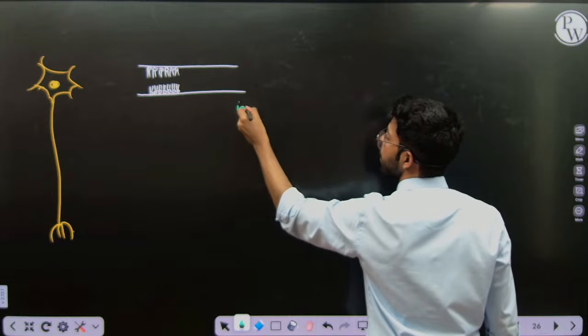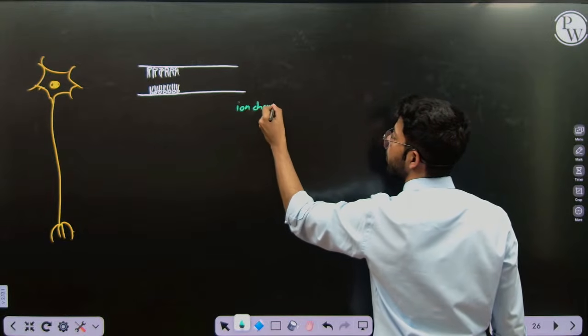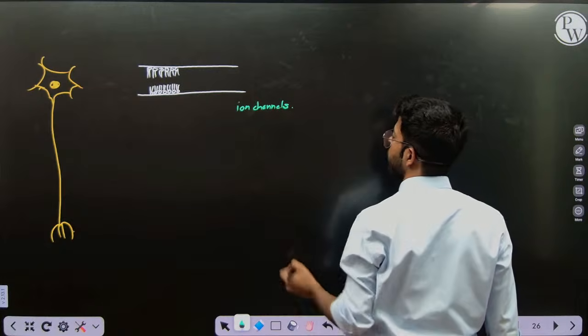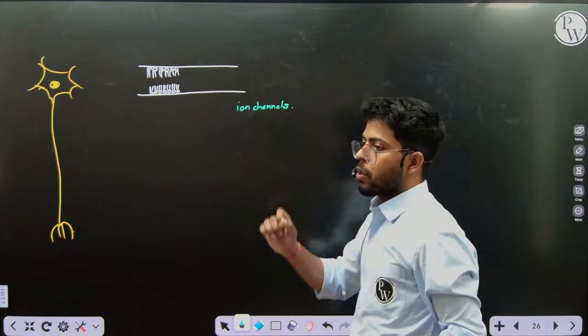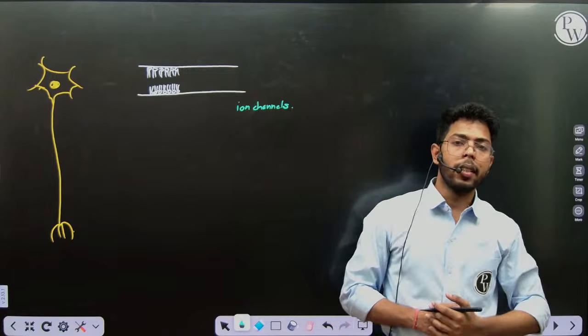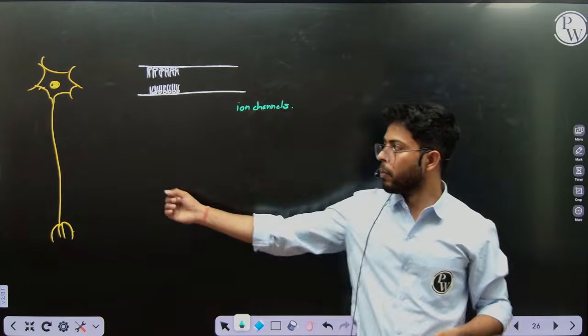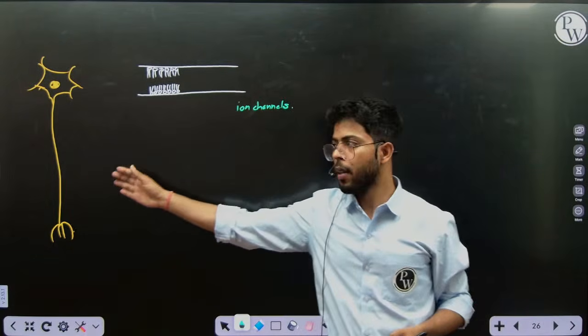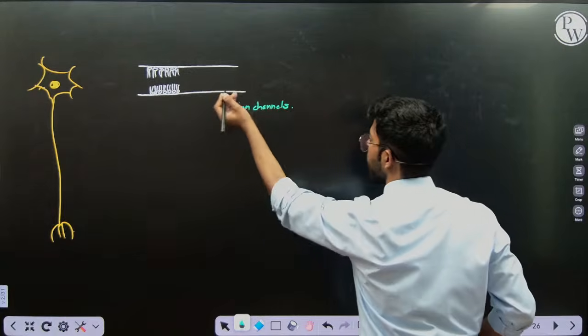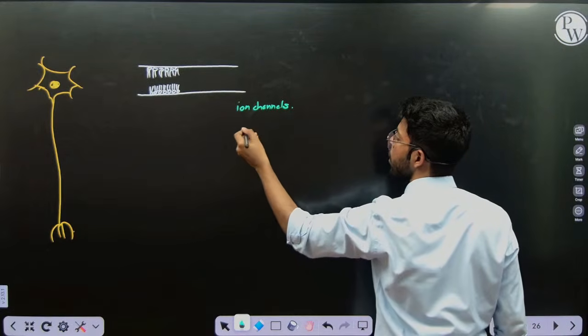We use the term ion channels here. So there are different types of ion channels present in the cell membrane. So let's discuss one by one.